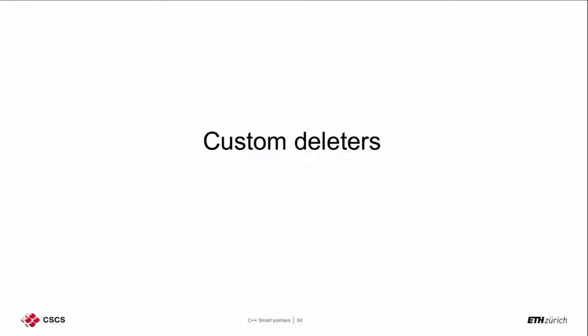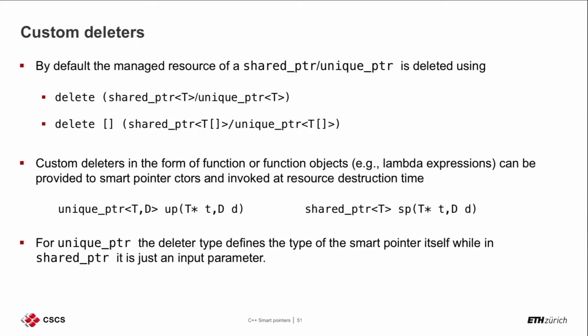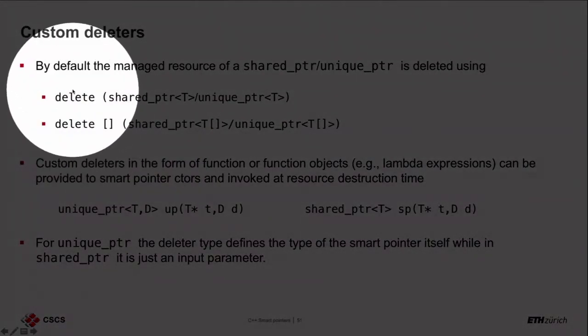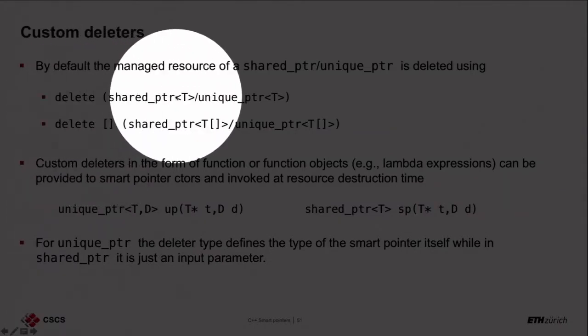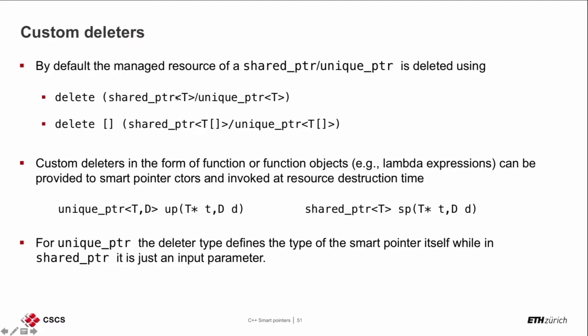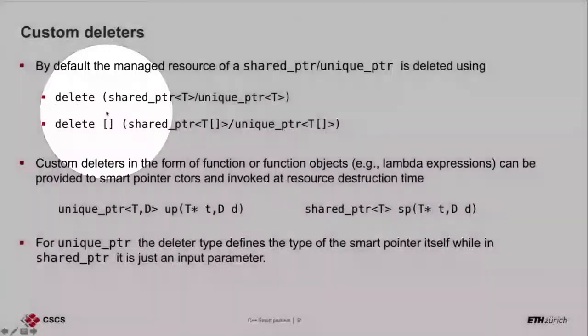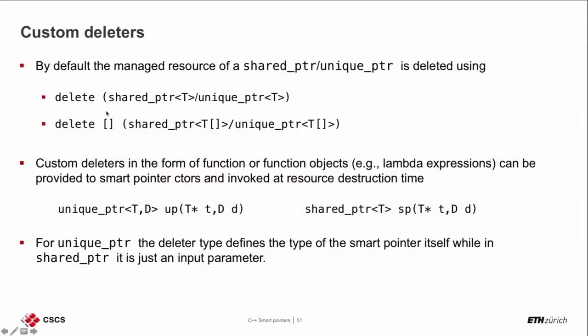Oh yeah, custom deleters. By default, this memory location on the heap is deleted by the unique and the shared pointer by making a call to delete or delete with square brackets, depending on the type. If you have a shared or unique pointer to a single object, the delete operator will be called. Instead, if you have a pointer to an array, delete with the square brackets will be called.